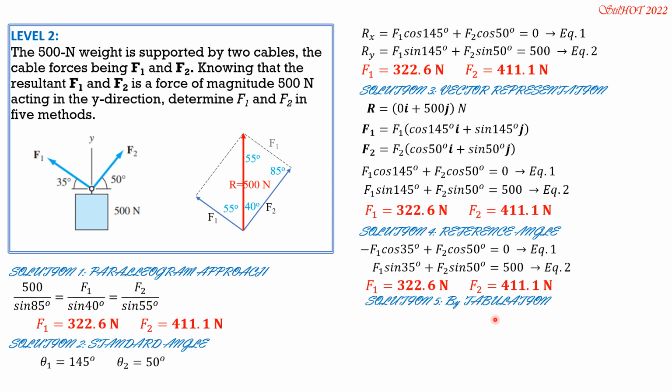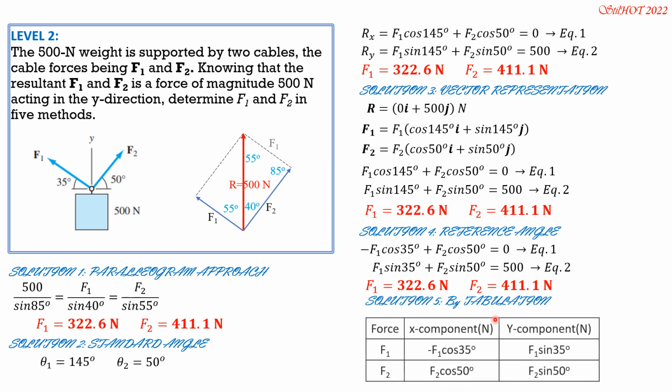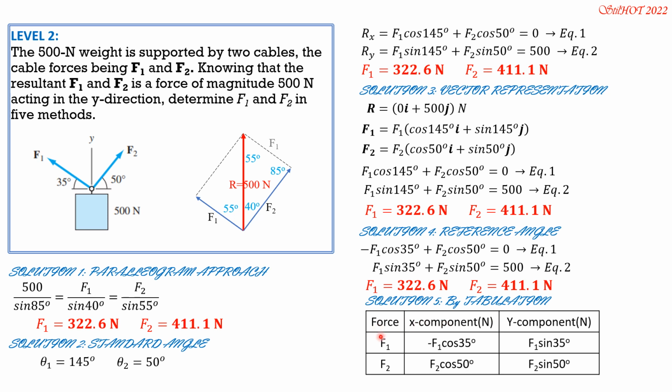And lastly, by tabulation. Forces F1 and F2. The x component of F1 is going to the left. Using the reference angle, it is negative F1 cosine 35. Its y component is upward, so F1 sine 35. That's why it is very similar to solution 2 and solution 4.